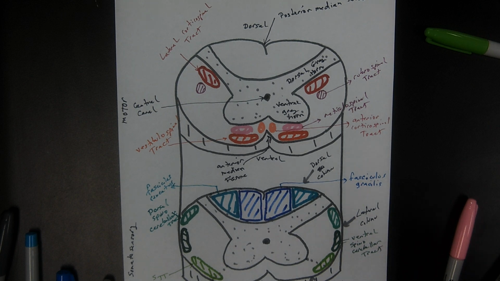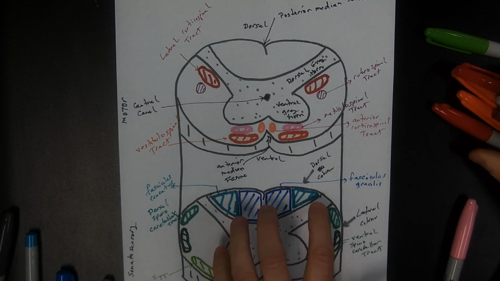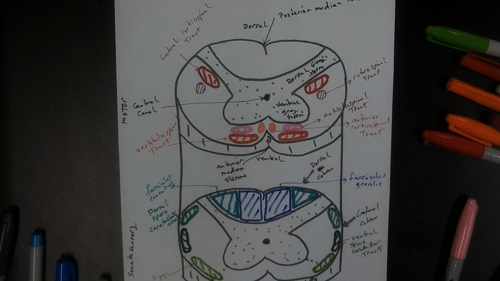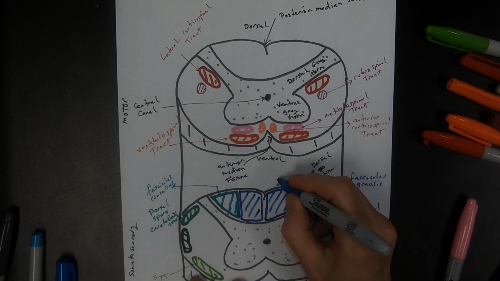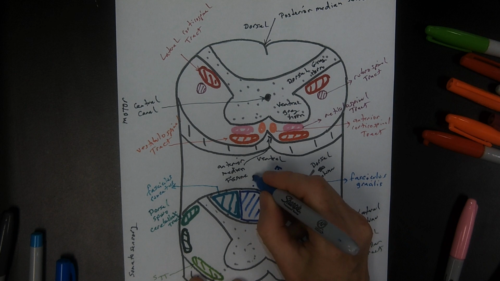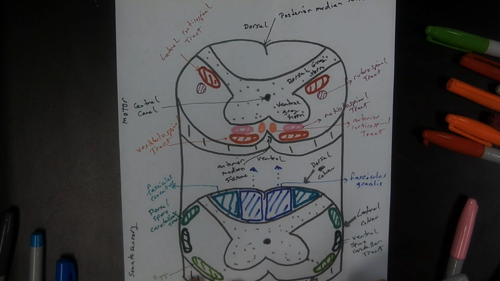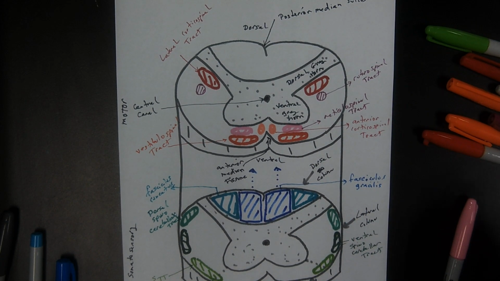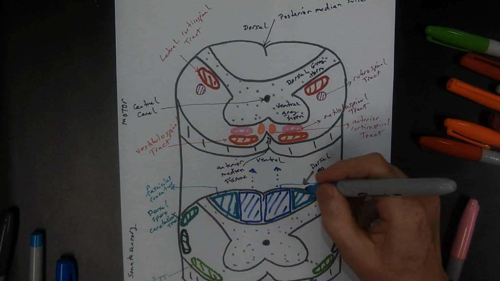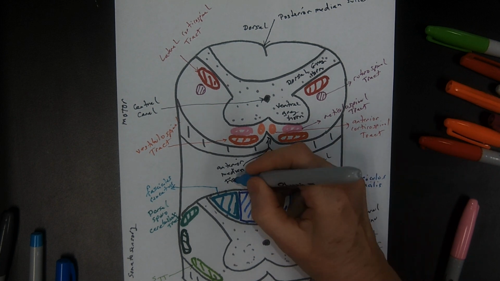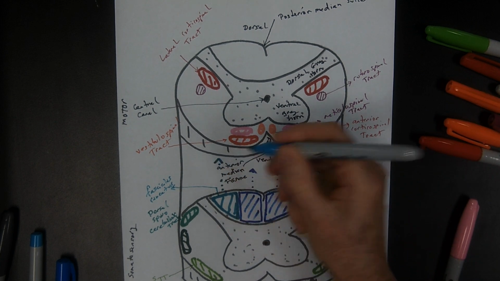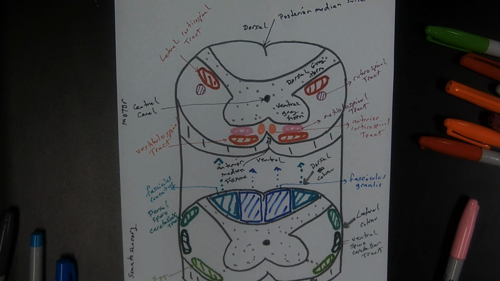Realize that all the somatosensory information is going to be traveling upward, right? So it would be here also, and anything coming from the dorsal column is going to be going up. Okay, so traveling in an upward direction.